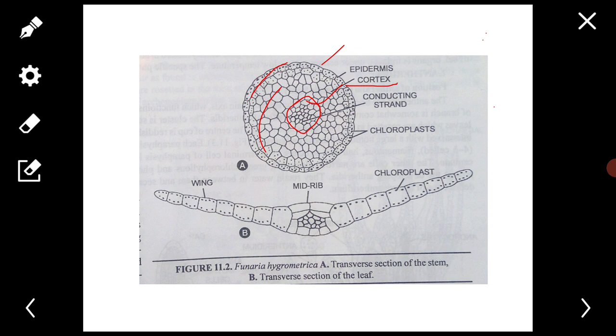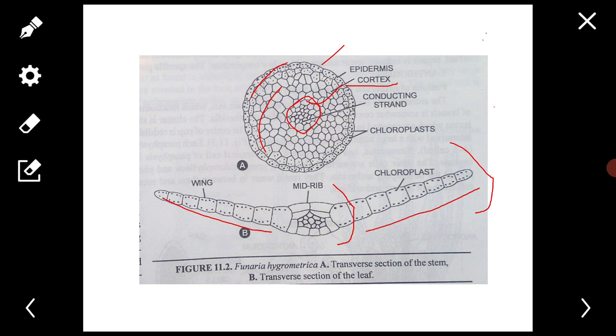Next, go to the leaf. The internal organization of the leaf is simple. It has a several cell thick midrib and single layered wings.